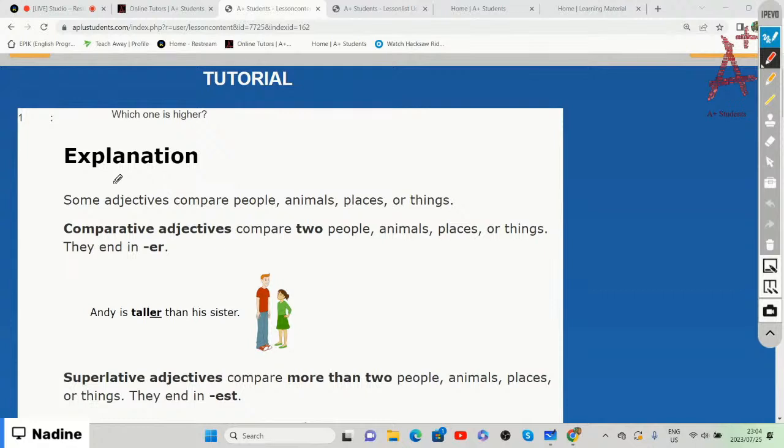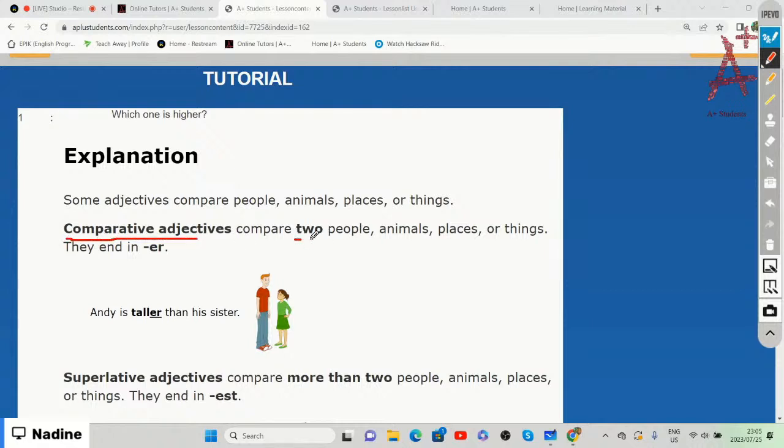Firstly, what you need to remember is that we do have adjectives that compare people, animals, places or things. And the two different types of adjectives that we're going to be focusing on are comparative adjectives and superlative adjectives.